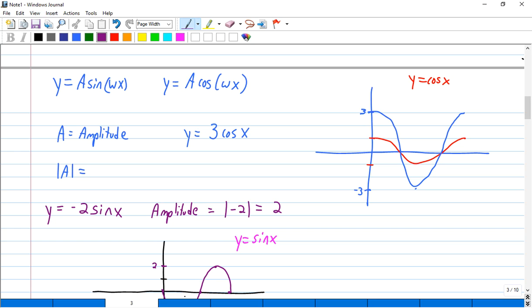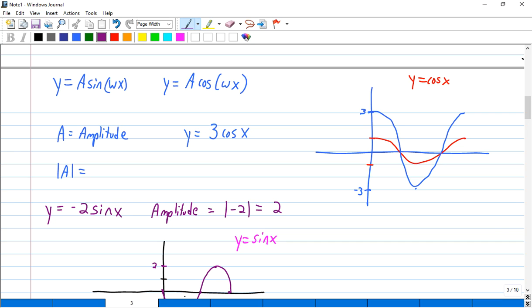So if the number in front of the x is greater than 1, then think about what you're doing to those values. Instead of taking the sine of pi over 6, you're taking the sine of 2 times pi over 6.